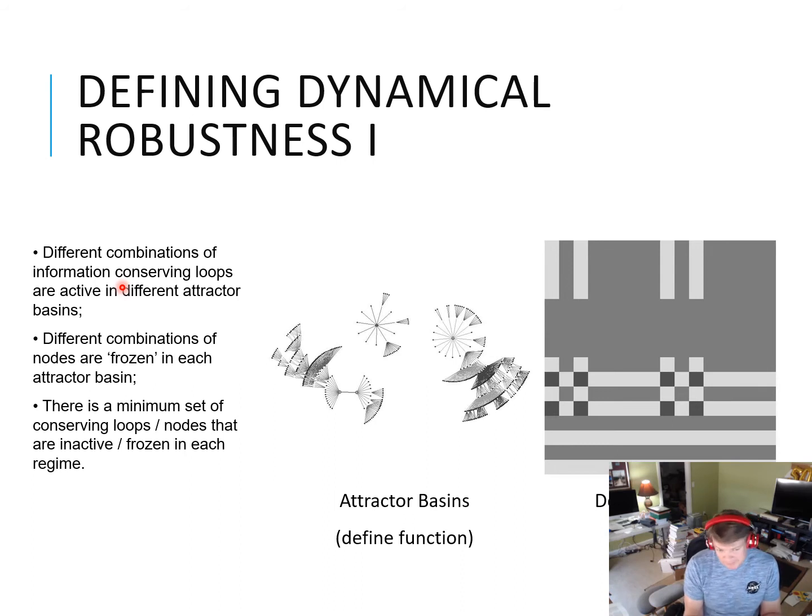The other interesting thing, of course, is that determining those frozen nodes in advance is again essentially impossible. You have to run the system forward. You have to wait till it hits one of these attractors, and then you can see what the frozen nodes might be.